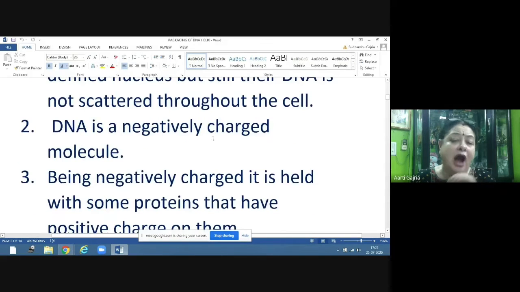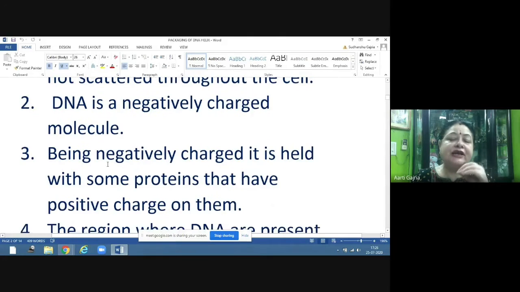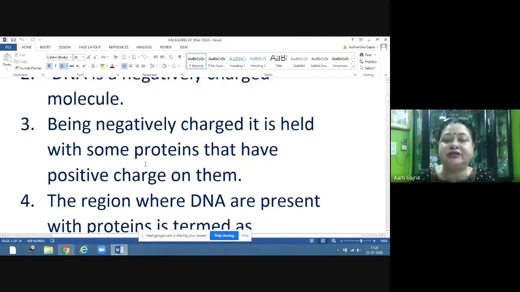And how is it present? DNA is a negatively charged molecule. Phosphate is present, and that is negatively charged. So overall DNA is a negatively charged molecule, and being negatively charged, it is held with some proteins.